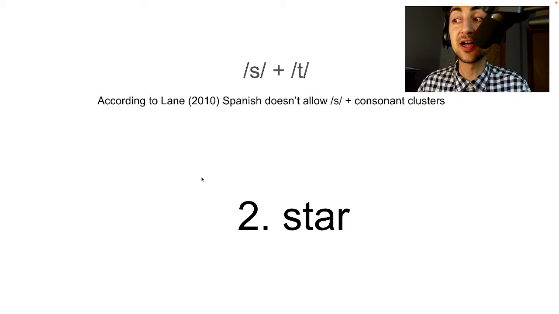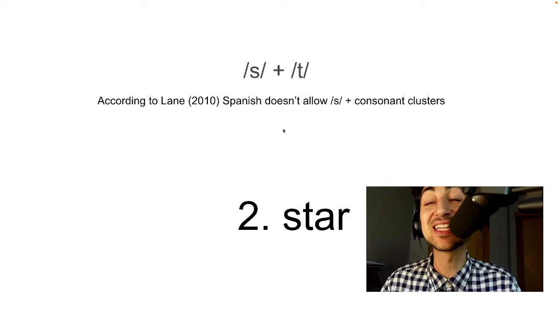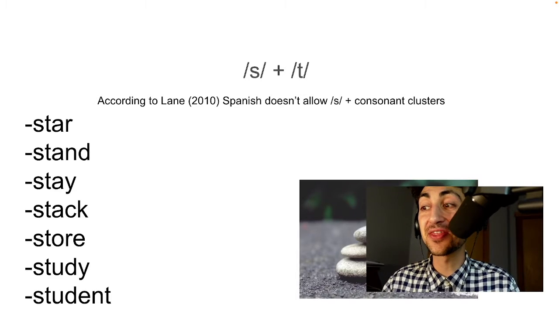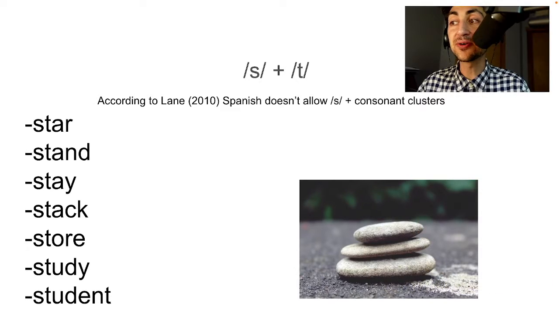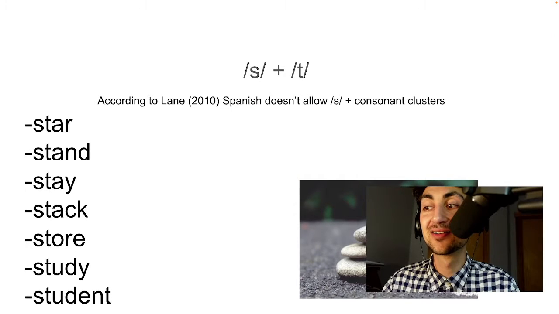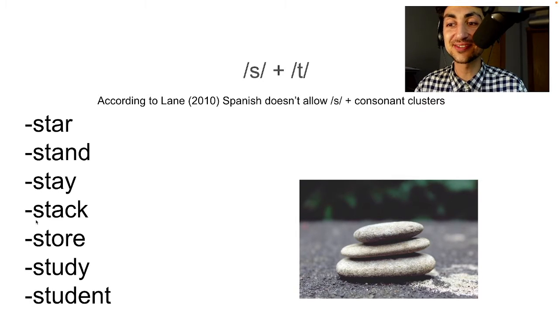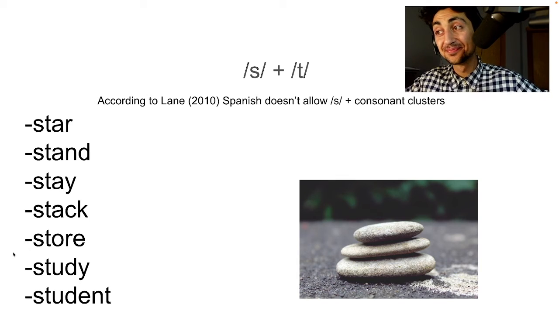The other example we have is with star. Star. We have estar, which is the same thing, right? But we don't have star. So use whatever tool you have to try to say these. Go down this list. I will give you a minute.